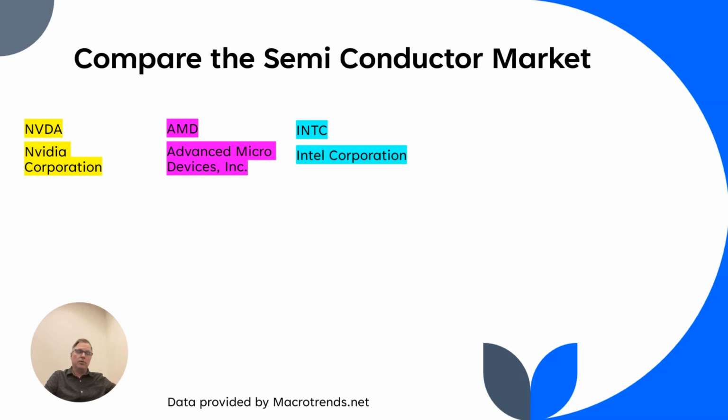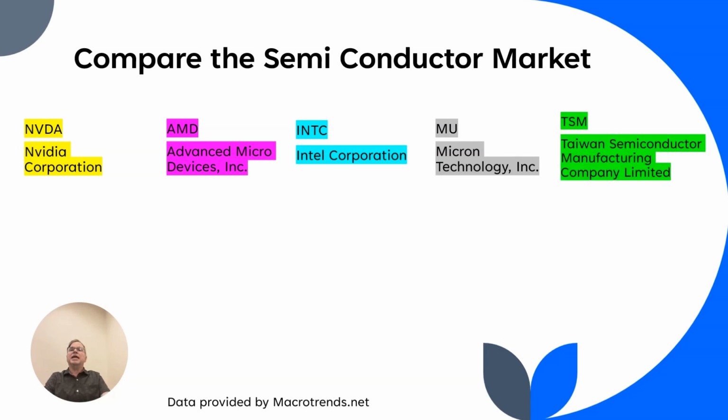It's the old soldier of semiconductors, which is struggling right now for profitability and market share. You've got Micron Technologies, which is another one of the semiconductors that has been around for a little bit. And then there's Taiwan Semiconductor Manufacturing, done offshore of China in Taiwan, and is also a very popular stock right now.